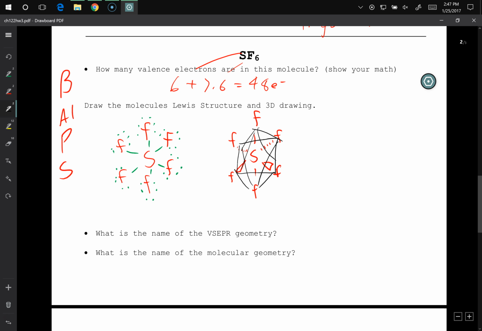And then I've got a point on top of the box and a point on the bottom of the box, so I have bipyramidal or octahedral. What were you going to say? Can you draw it with, like... If it's got 8 sides, you can draw it however you like. Okay. Good. I just draw it like that because it's symmetrical for me. It's easier for me to see it. But if you see it in some other orientation, that's totally fine. So VSEPR geometry? Nothing. And this one? Octahedral or bipyramidal?